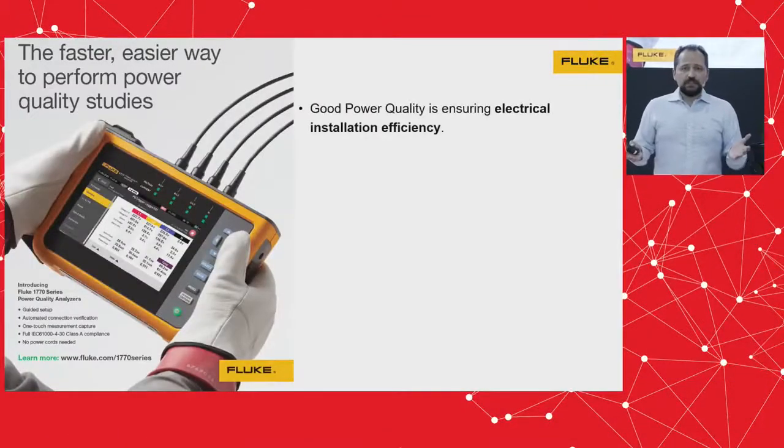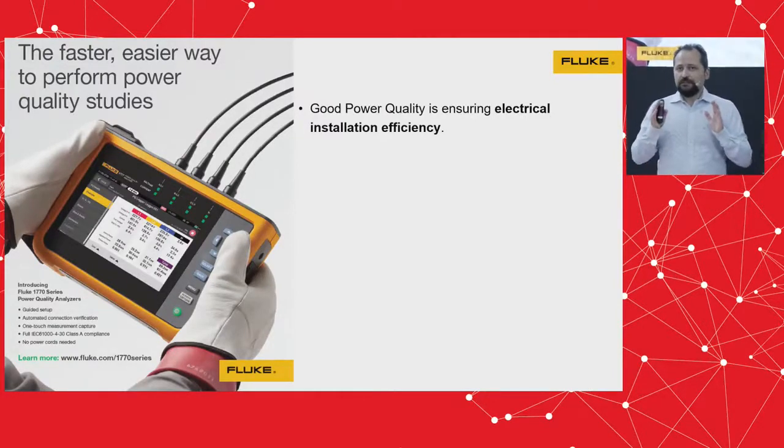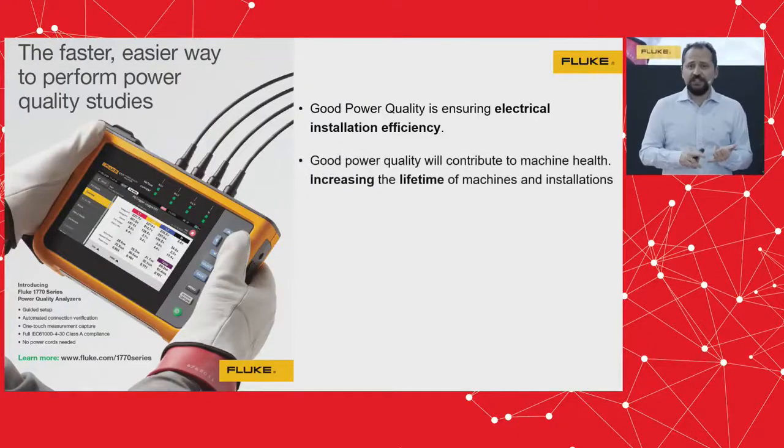That's everything I wanted to share with you today. As a wrap-up, my suggestion is that you take steps in monitoring your power quality, knowing where the issues may be coming from, and taking measures to correct those issues, because that will ensure more efficient operation of your production facility.